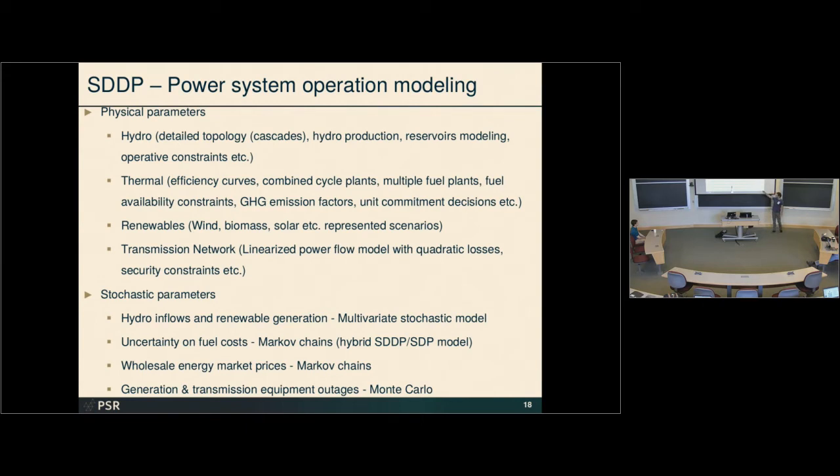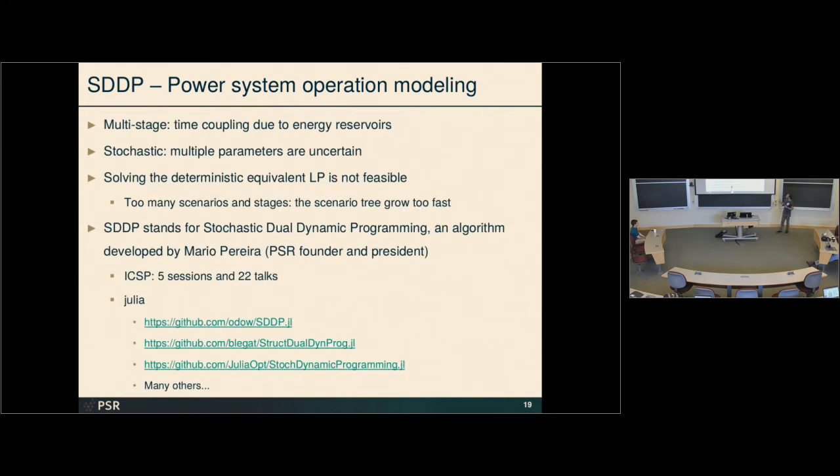And there's also stochasticity, and that makes everything more crazy. So using a high-level language was really, really good for writing that. One big problem with hydrothermal power system operation is that hydro plants have reservoirs, which is not a problem, it's a good thing, but that makes the whole problem coupled in time.